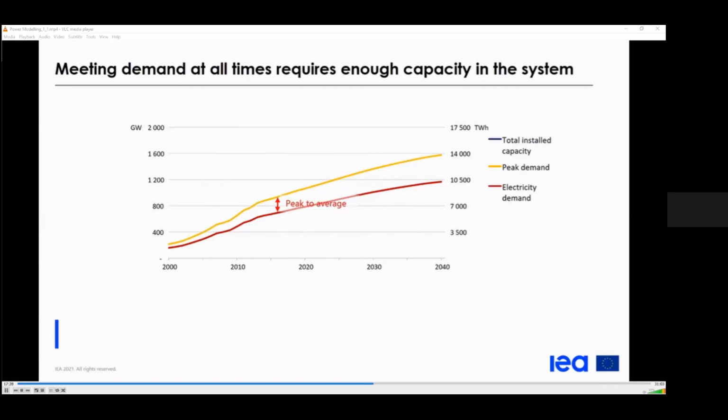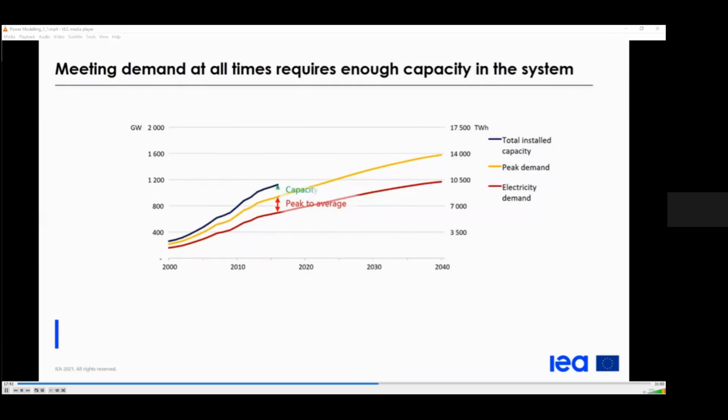Then, to have more reliability in the system, it is not only the peak demand that needs to be met. We build the system to meet that peak demand, but with a level of security.